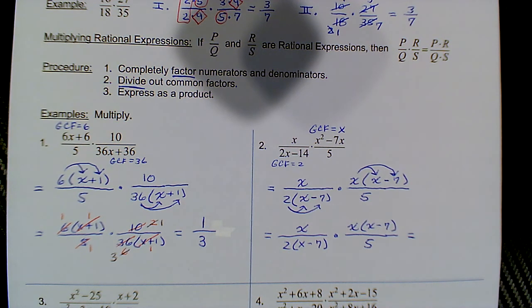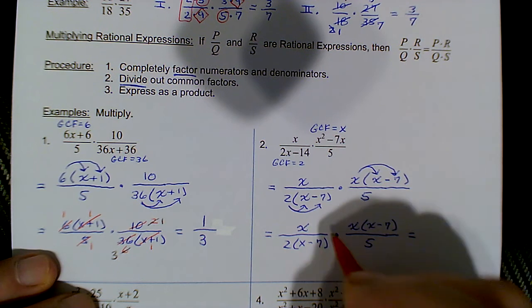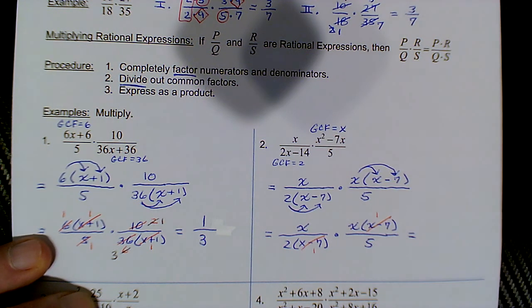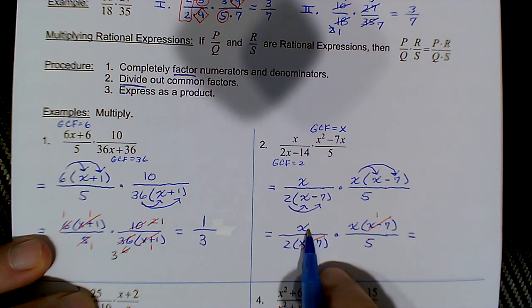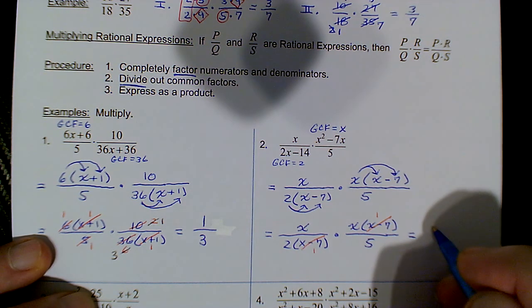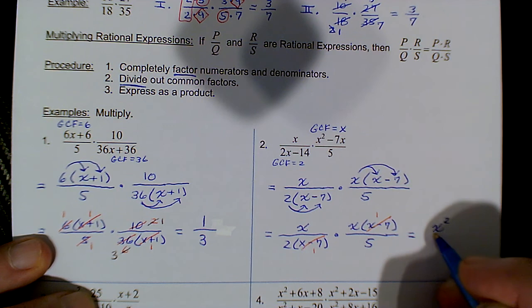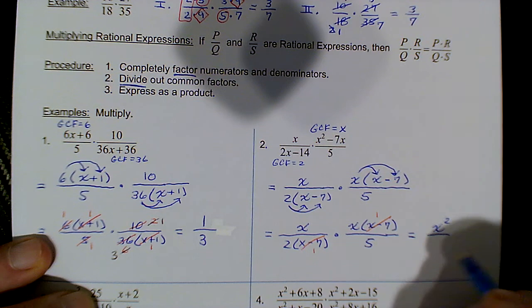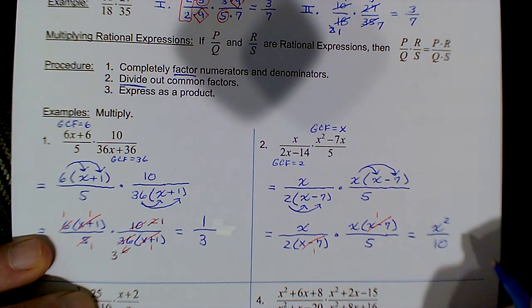And so it looks like the x minus 7s are actually the only things that cancel here. So then in the numerator we multiply x times x to get x squared. And in the denominator we multiply 2 times 5 to get 10.